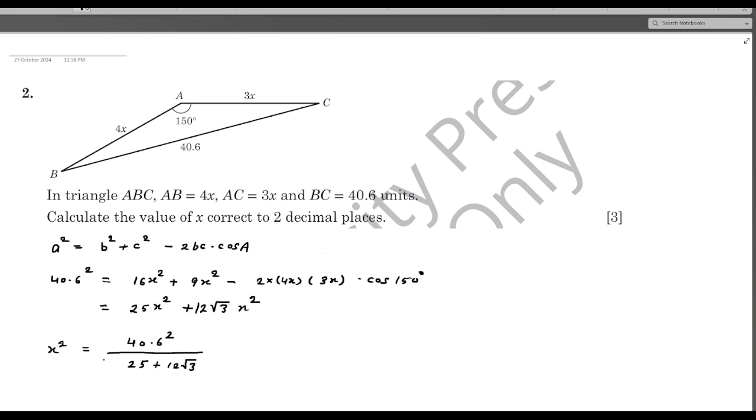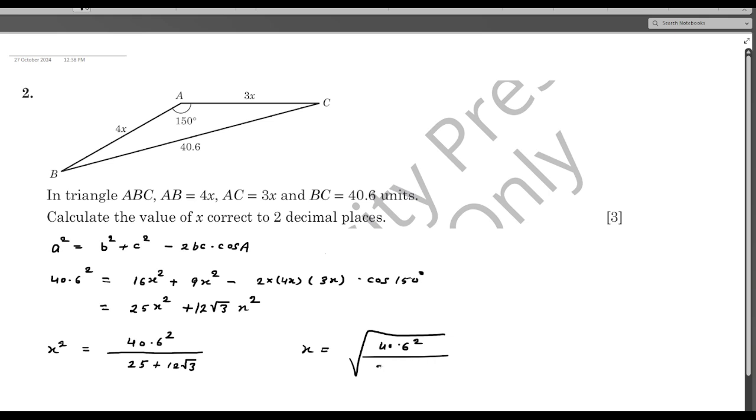Now I need to find out the value of x. So the value of x is going to be equal to the square root of 40.6 the whole square divided by 25 plus 12 root 3. So let us do the calculation using the calculator. 40.6 the whole square divided by, in brackets, 25 plus 12 times root 3.